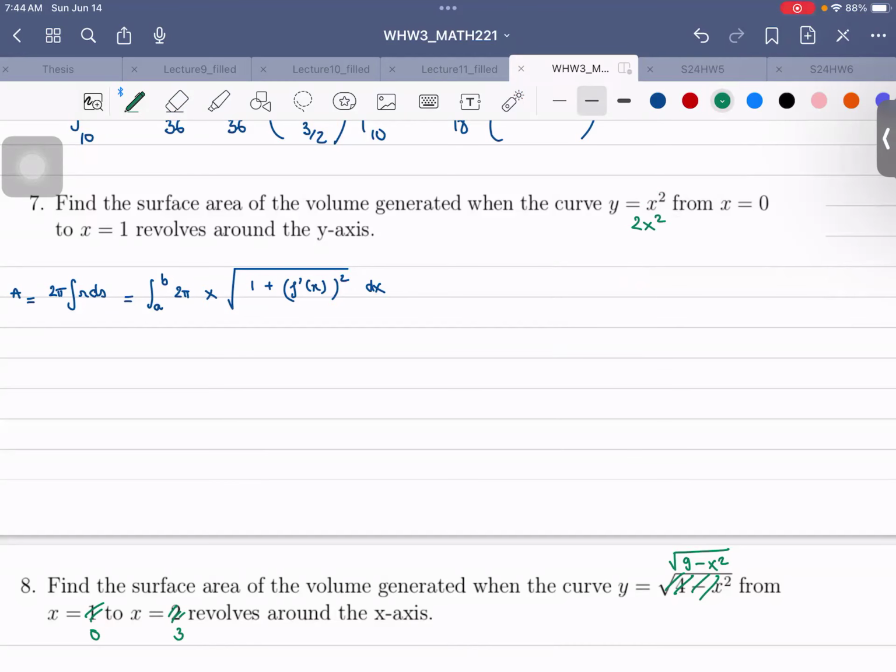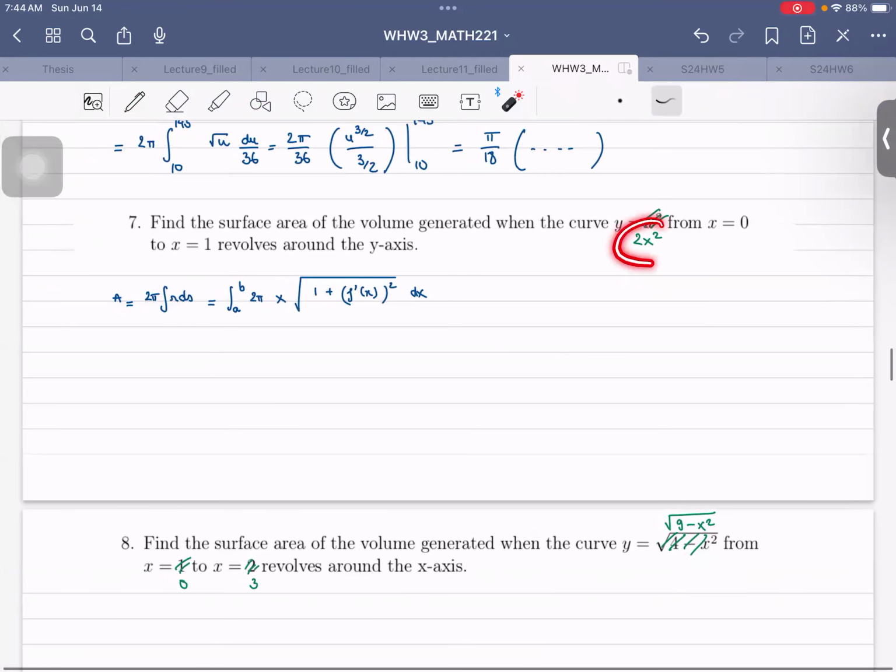Okay, I use the function 2x squared. And again, you have the function in terms of x, and you're spinning that function about the y-axis. And the question wants you to find the surface area of the solid that is obtained when you're spinning these things about the y-axis.